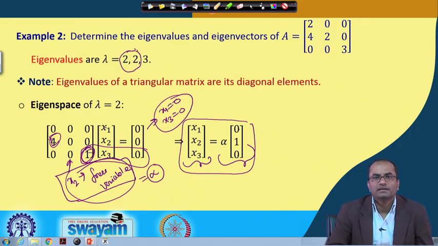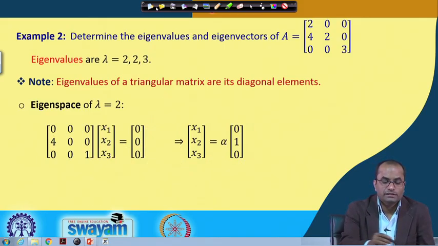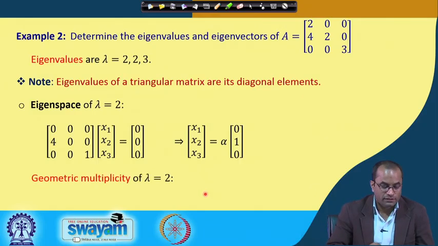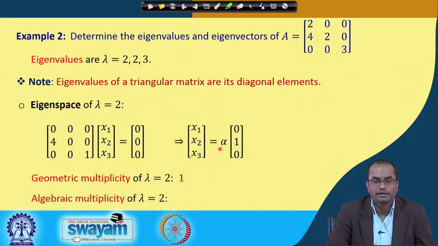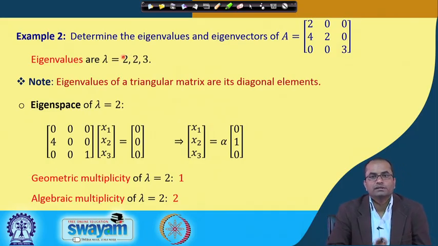There cannot be 3, for example, but we do not know whether there will be 2 or 1. In the previous example, the algebraic multiplicity was 2 and the geometric multiplicity was also 2. In this case, the algebraic multiplicity is 2, but the geometric multiplicity is just 1, because we have one linearly independent eigenvector, and the algebraic multiplicity of 2 is 2 because this 2 was repeated 2 times.